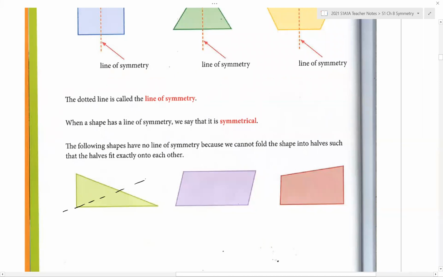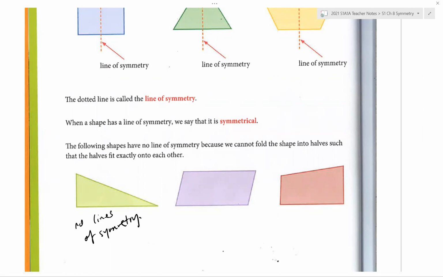Like this? Like this? Cannot. You cannot. So we say that this has no lines of symmetry. It is not symmetrical. Okay, Sherry, you can trace it out on a piece of paper and try and fold in any way. You cannot.